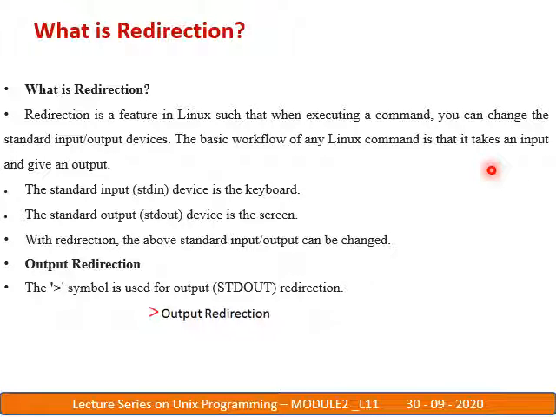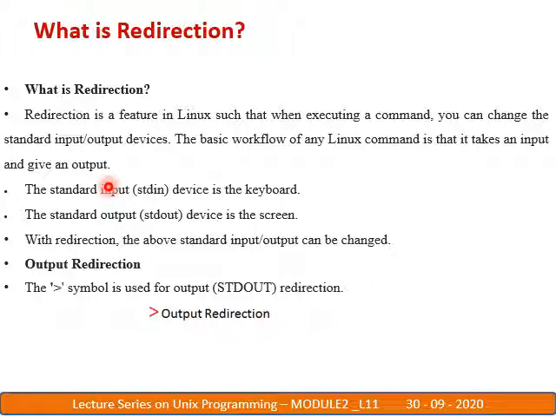Whenever it performs these actions, the input it uses is standard input, normally called stdin. The stdin device takes the input from the keyboard, and after processing the action, the output is displayed on the screen.